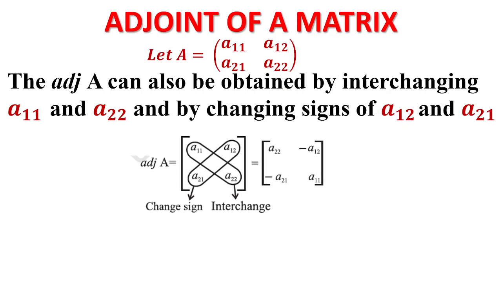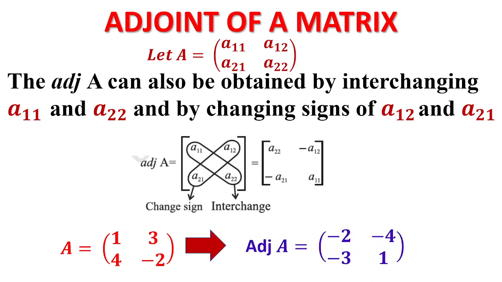For example, you have 1, 3, 4, minus 2. 1 and minus 2 are to be interchanged, and 3 and 4 are to have their signs changed. It will become minus 2, minus 3, minus 4 and 1. For 2 cross 2, no need to find cofactors, minors and so on, because its minors will be singleton matrices. Therefore, we are doing it directly.